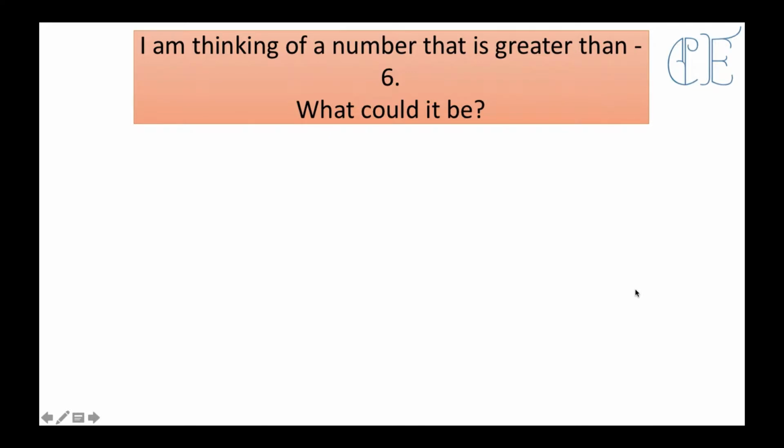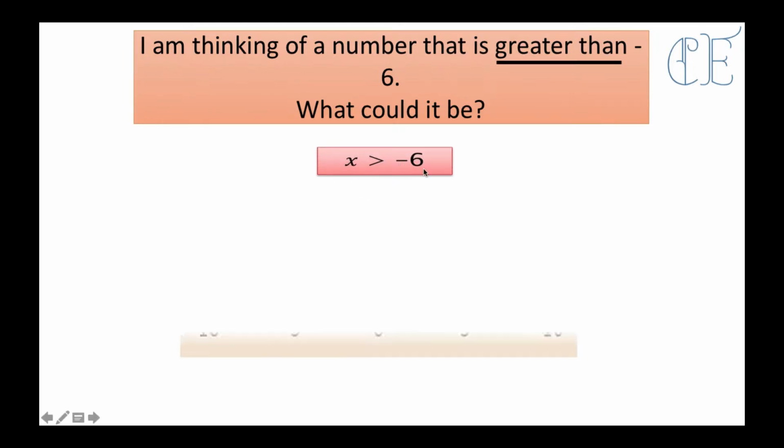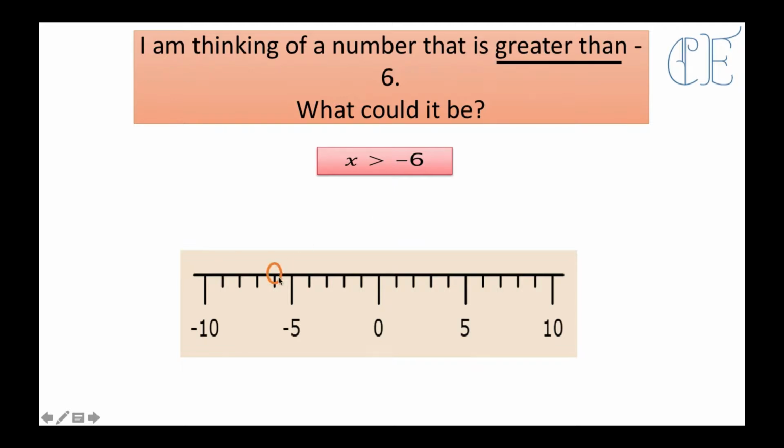So here's another one. I'm thinking of a number that is greater than, I think, minus 6. What could it be? So greater than minus 6. So x is greater than minus 6. And we circle minus 6 on the number line and draw a line going towards the end because it can be anything greater than minus 6.